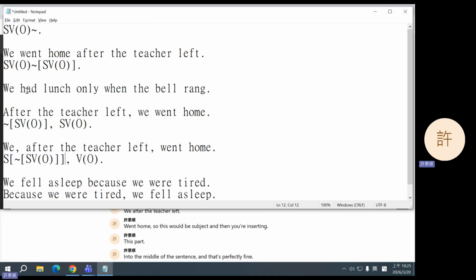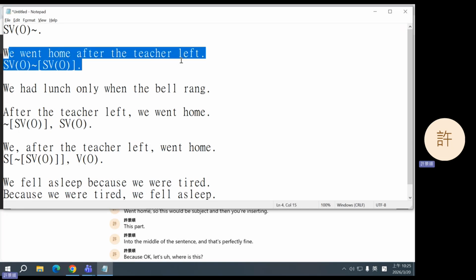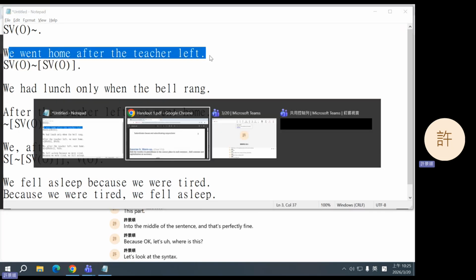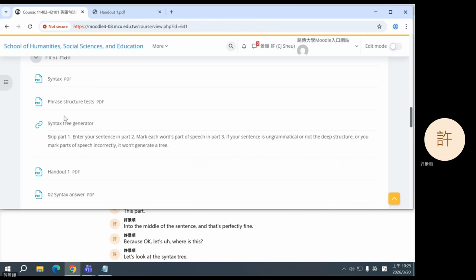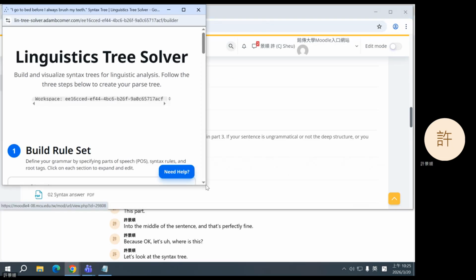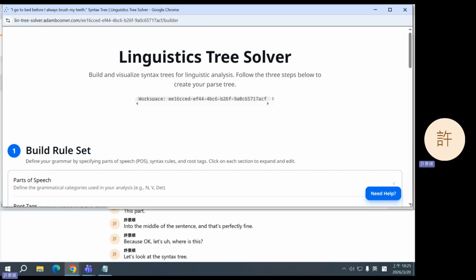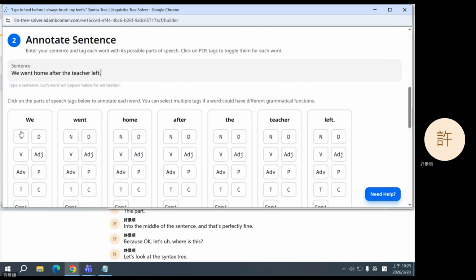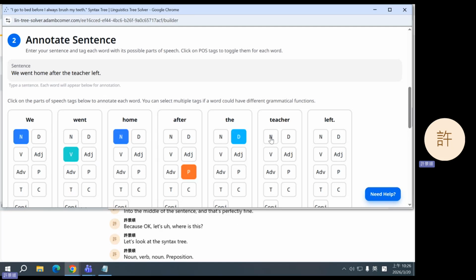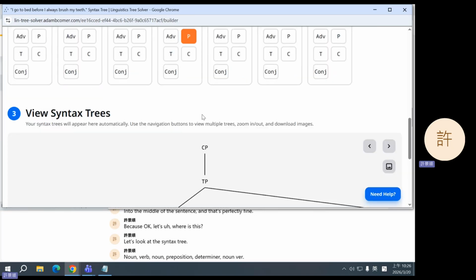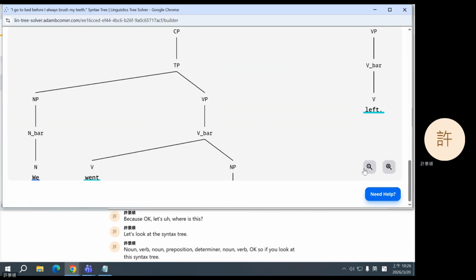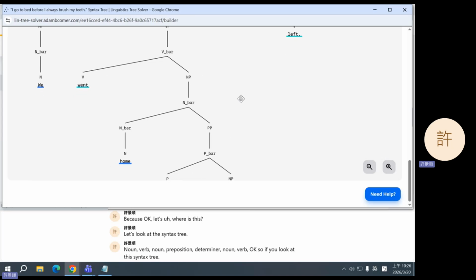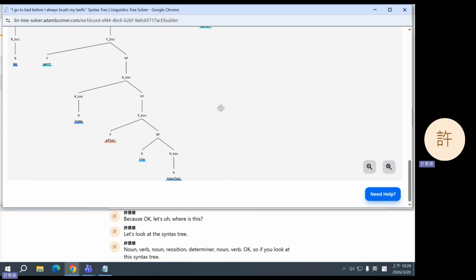Because, okay, let's, where is this? Let's look at the syntax tree. Noun, verb, noun, preposition, determiner, noun, verb. Okay, so if you look at this syntax tree, might be a little small to see.